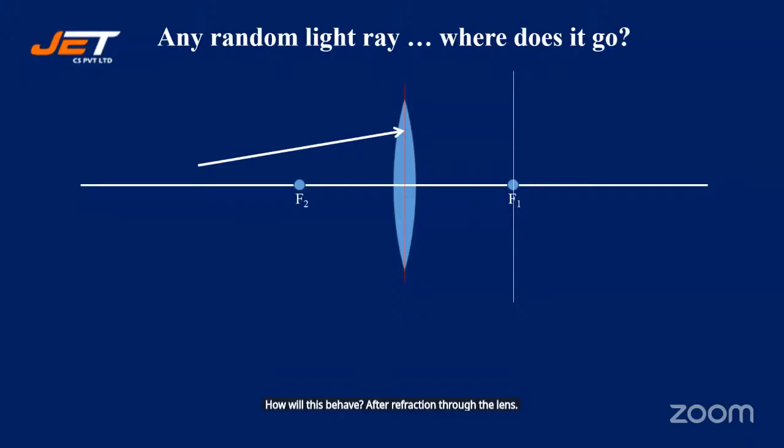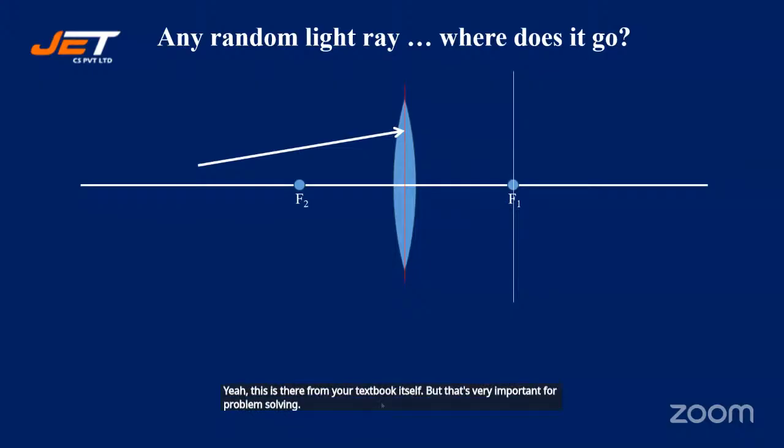How does it go after lens refraction? Yeah, this is there in your textbook itself. It is not conventional, it is given like information in a corner, but it's very important for problem solving. All right.